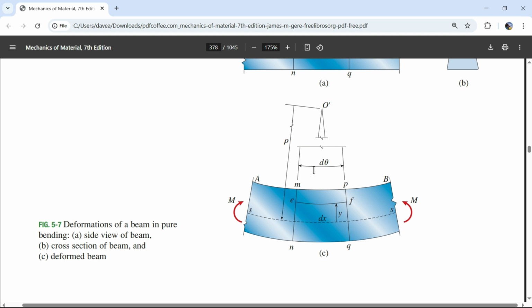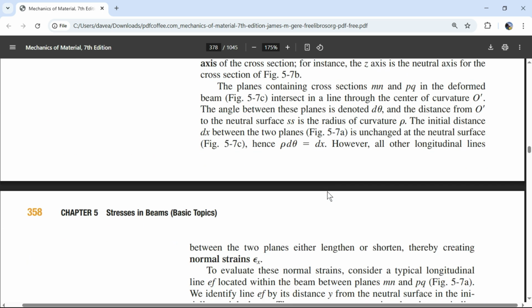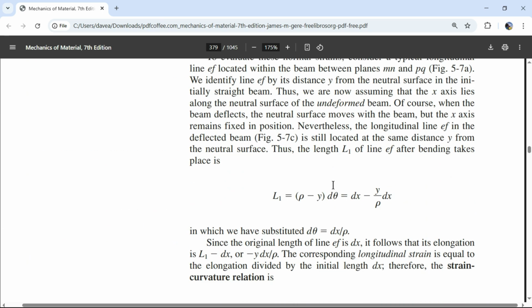So that equation would be d theta times parentheses rho minus y. And so that's how they get this equation. Hey, rho minus y is just, and now I see it even simpler, you know what I mean?